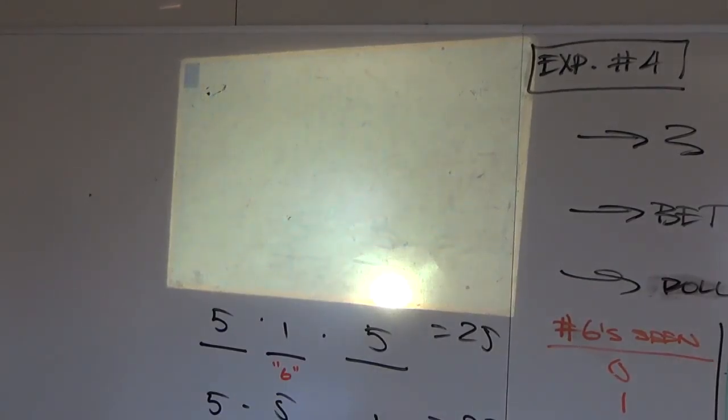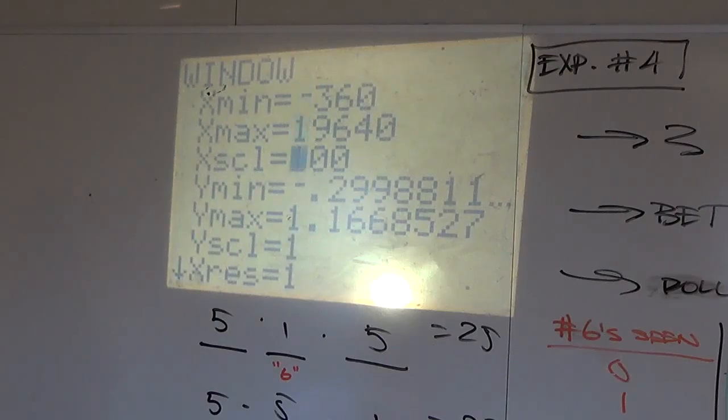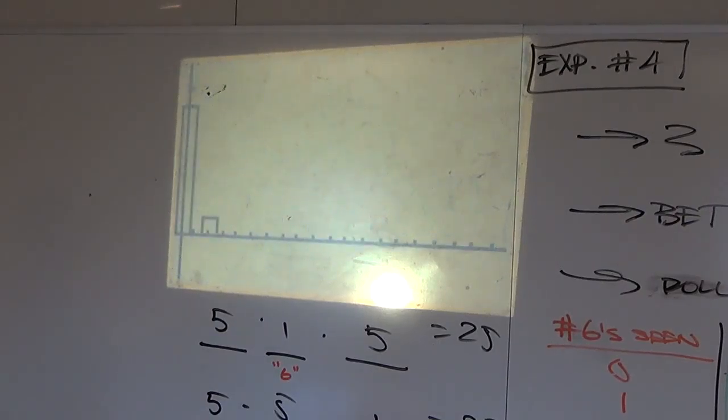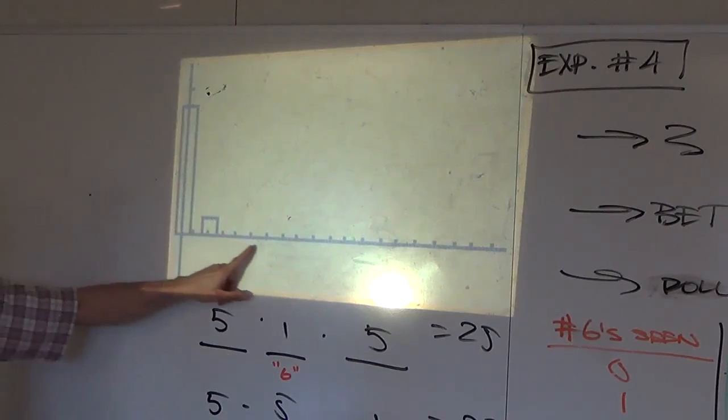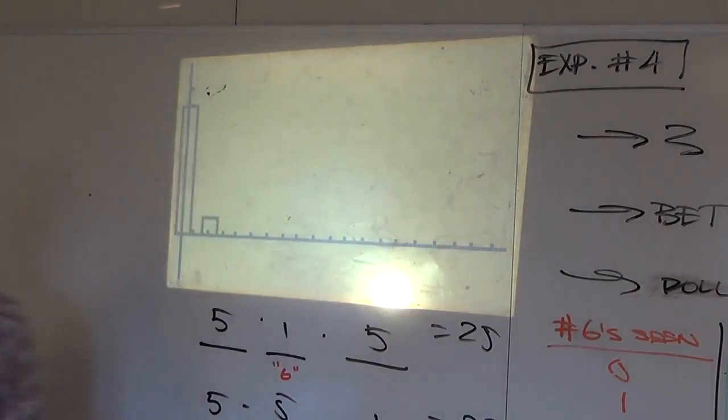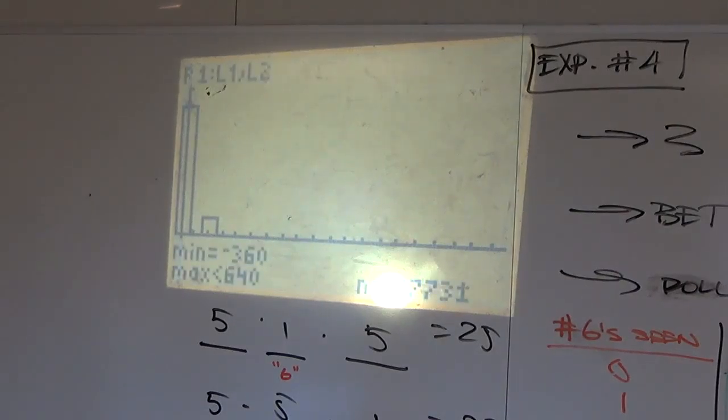Too many breaks. Okay. So there's the histogram of the data. Perfectly useless. There's your negative 360. There's your positive 1640.